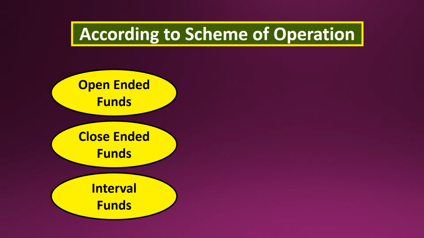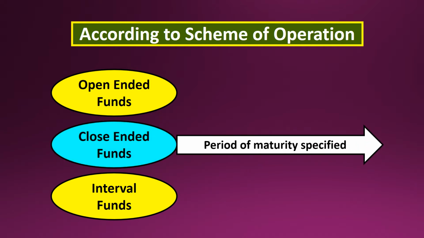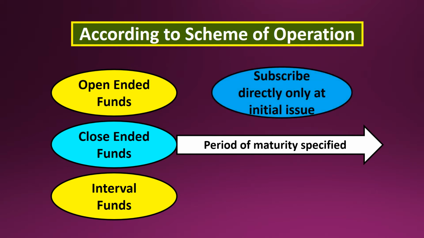And coming to the closed-ended funds, it means a scheme of mutual fund in which the period of maturity of the scheme is specified or fixed. Unlike the open-ended funds, the closed-ended scheme is fixed and an investor can subscribe directly to the scheme only at the time of initial issue.